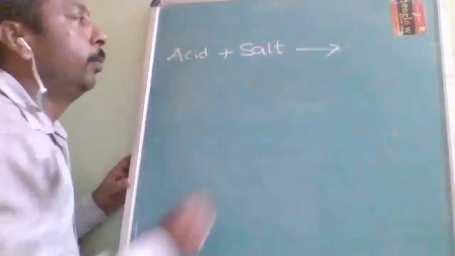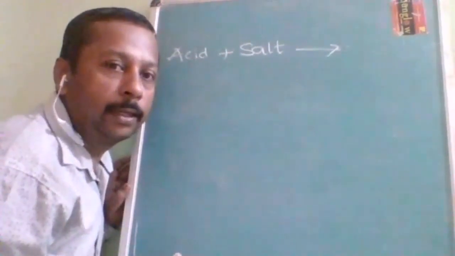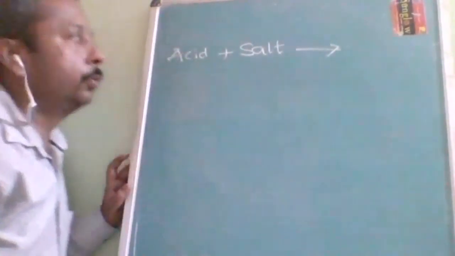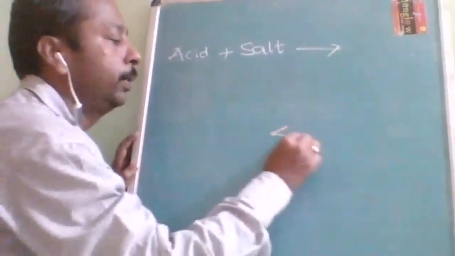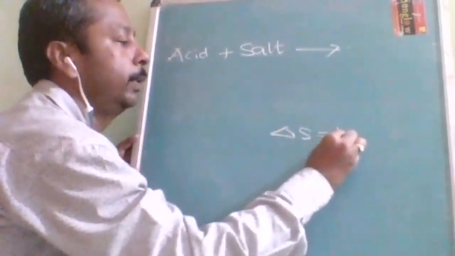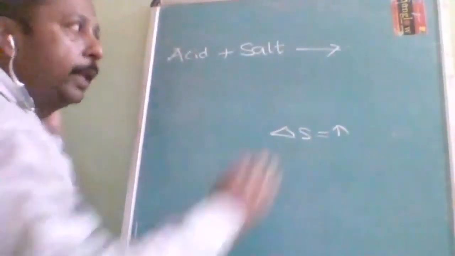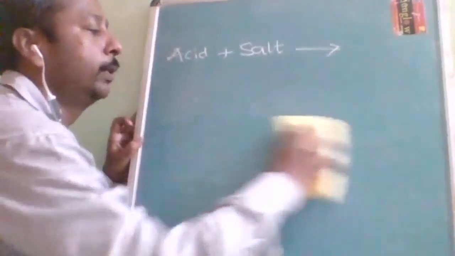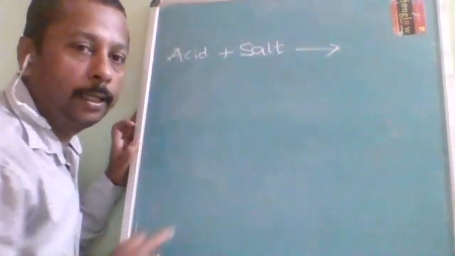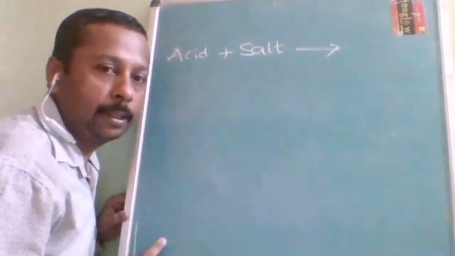For better entropy, gas must be there on the right-hand side, so that entropy increases and delta S is positive. That means more gases must be on the right side. I am explaining the nature of gases with volatility, which I mentioned at the very beginning of this lecture.